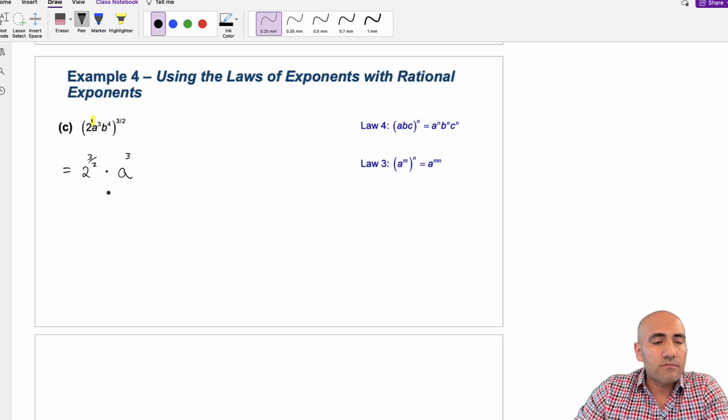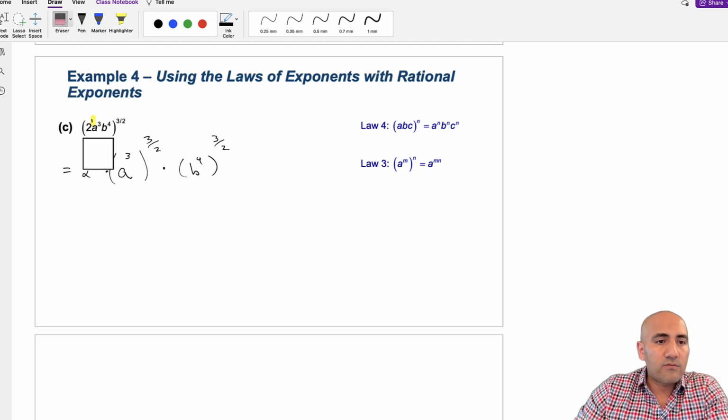times, how do I do this? I'm going to rewrite it like this, to the 3/2 times b to the 4th raised to the power of 3/2. Right, so this one, let me come back over here actually. Let's rewrite it as to the power of 1, and then this is being raised to the power of 3/2.